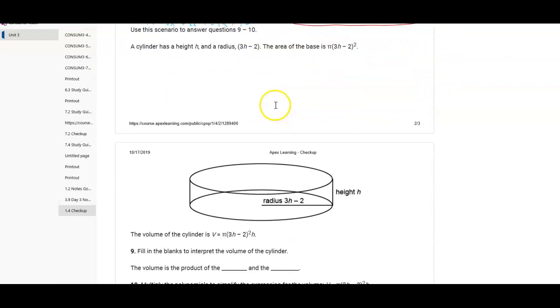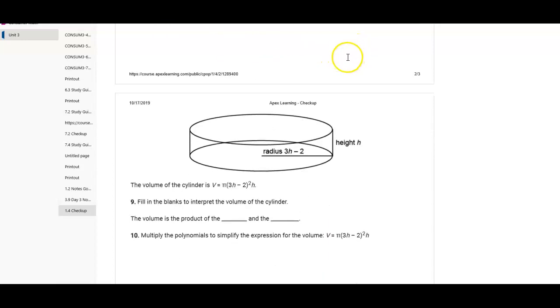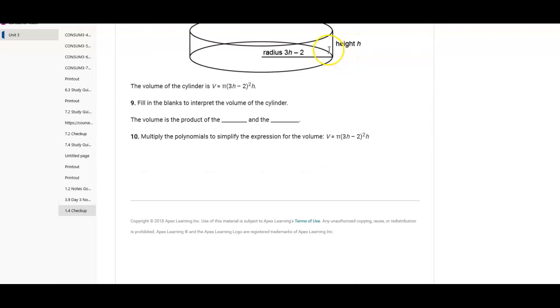Now the next one says, a cylinder has a height h and a radius 3h minus 2. The area of the base is pi times 3h minus 2 all squared. Fill in the blanks to interpret the volume of the cylinder. The volume is the product of the height and the area of the base.